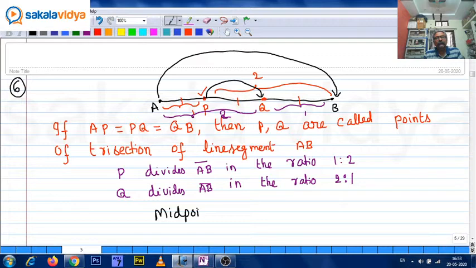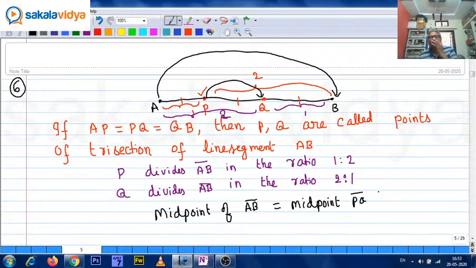Midpoint of AB equals midpoint of PQ, where P, Q are the points of trisection. If P, Q are the points of trisection, then we can write the midpoint of AB is equal to the midpoint of PQ.